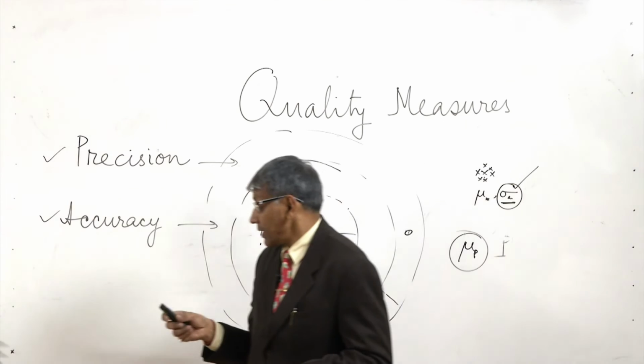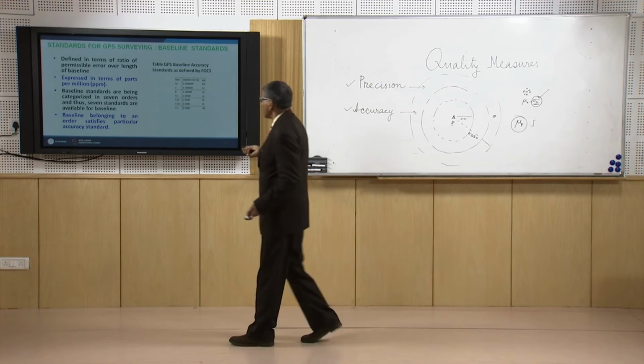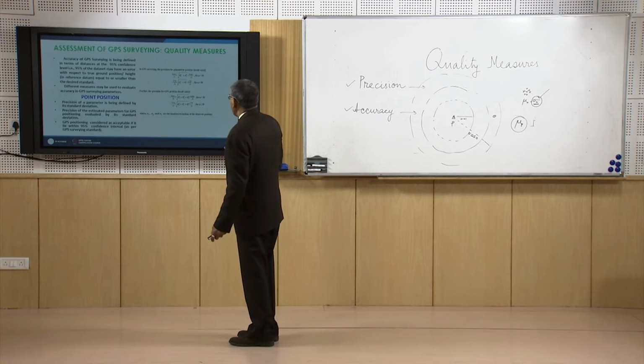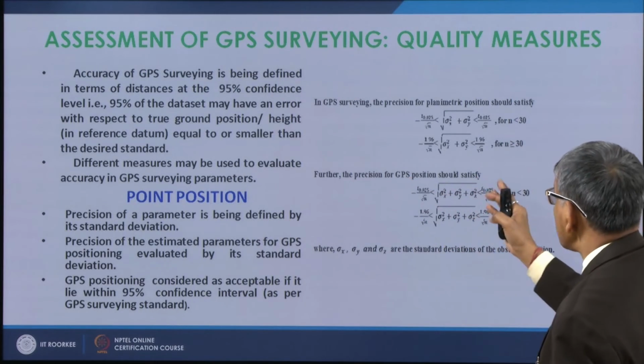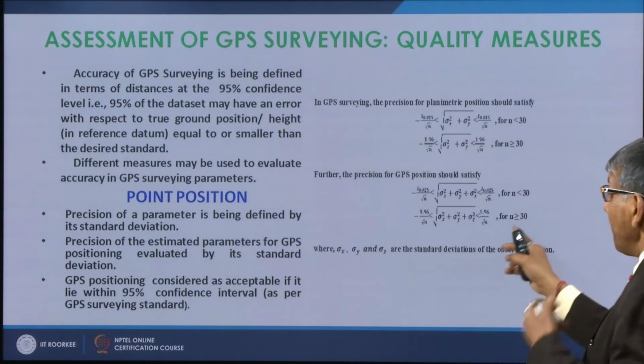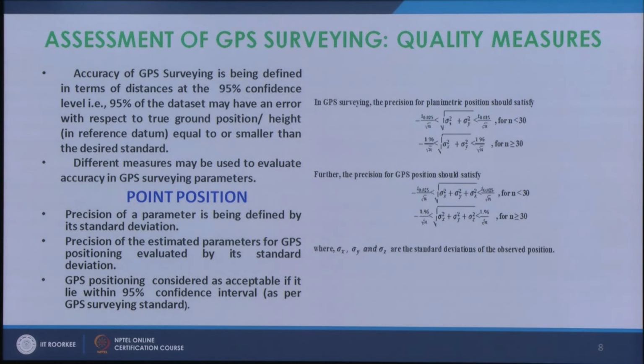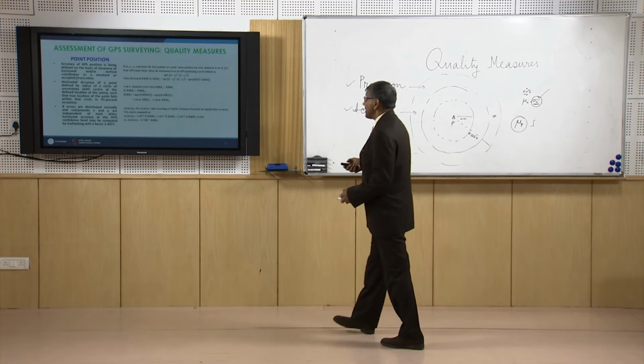Further, we should see that the GPS position satisfies these criteria. This is the precision criteria.